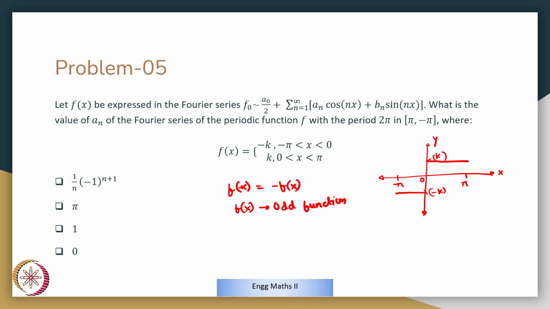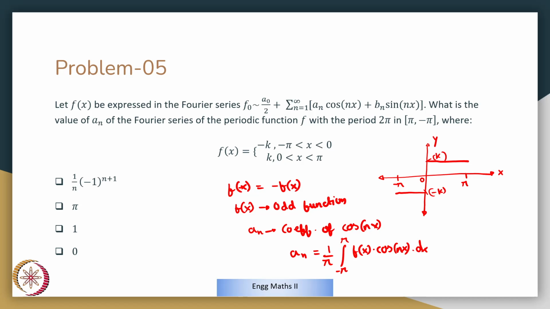And for an odd function, now we are asked to calculate the coefficient a n. So a n is the coefficient of cos of nx. If you remember the formula, a n is equal to 1 by pi integral minus pi to pi f of x cos of nx dx.